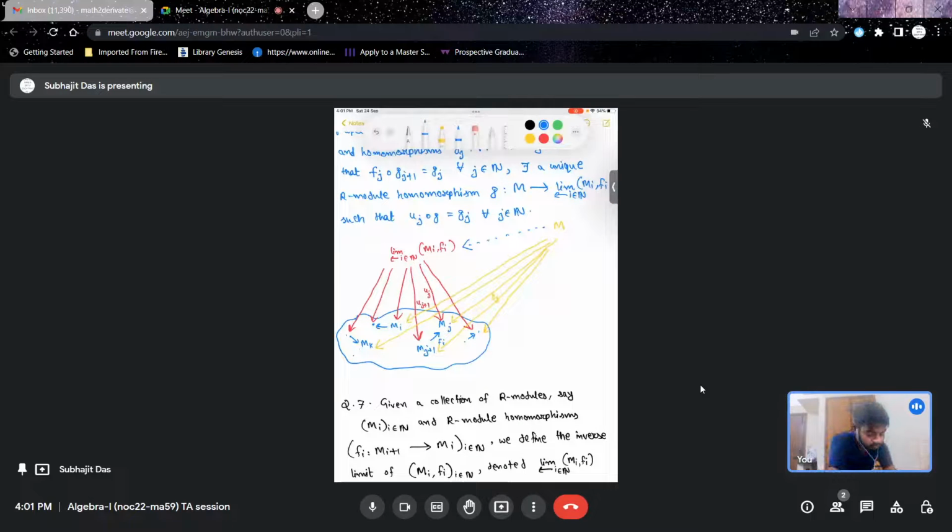So this arrow that we have is G, such that we apply uj later, right? uj composed with G should be gj for all j in the natural numbers. So there exists a unique G.